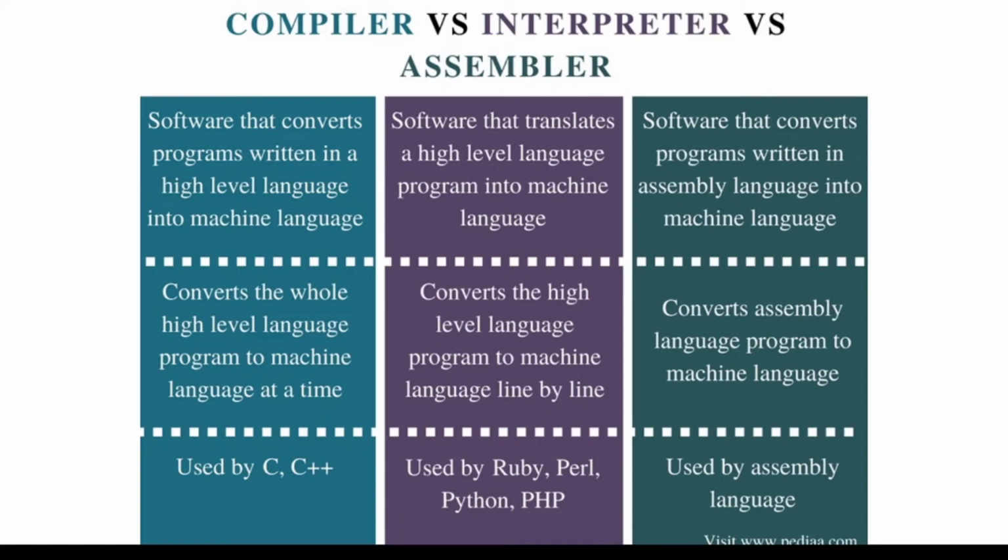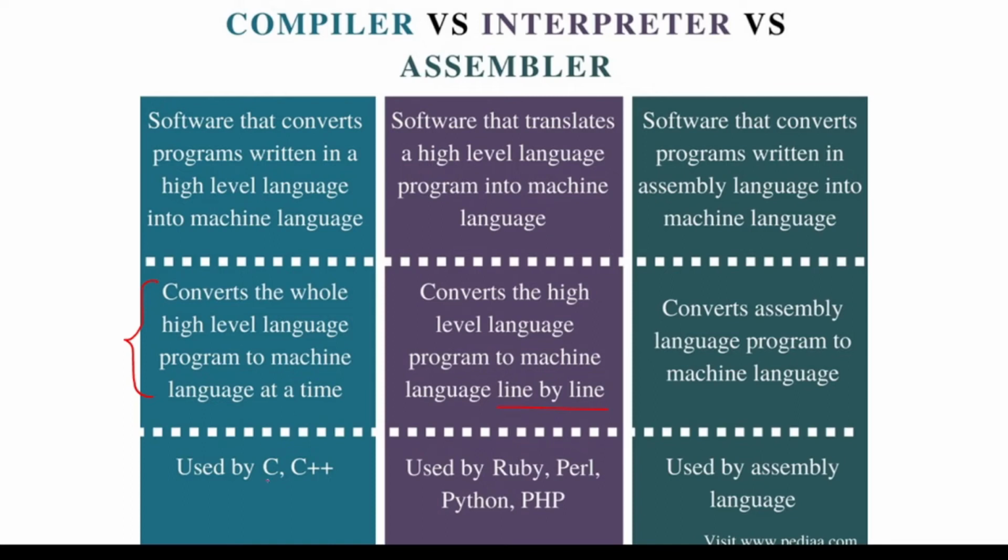To briefly mention what a compiler and an interpreter is, fundamentally they are the same, they translate. But a compiler converts the entire program in high level into a machine language in a single shot. An interpreter, on the other hand, converts line by line. So the chances of getting to know if you have made a mistake somewhere is slightly more if you use interpreters.